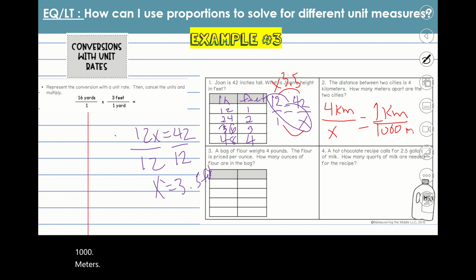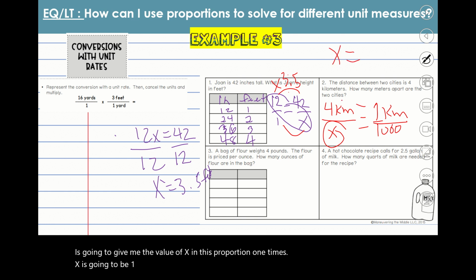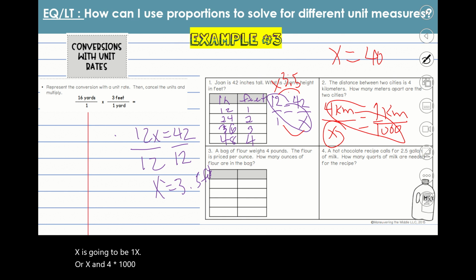Now I can say, what is going to give me the value of x in this proportion? 1 times x is going to be 1x, or x, and 4 times 1,000 is 4,000 meters.